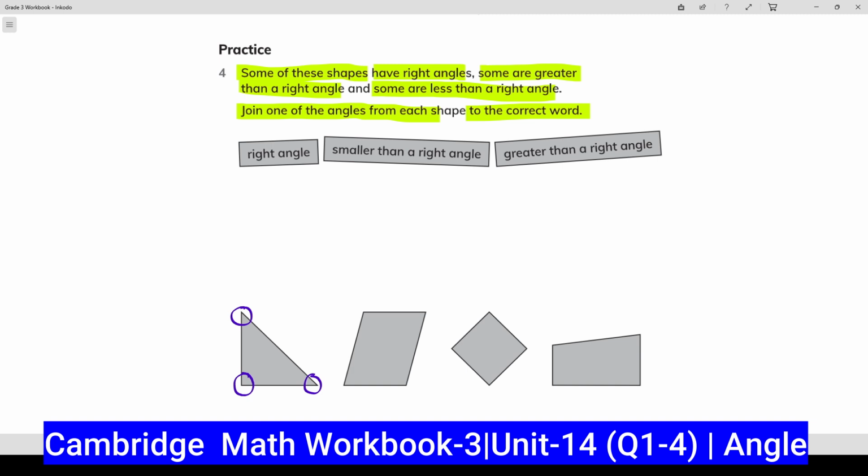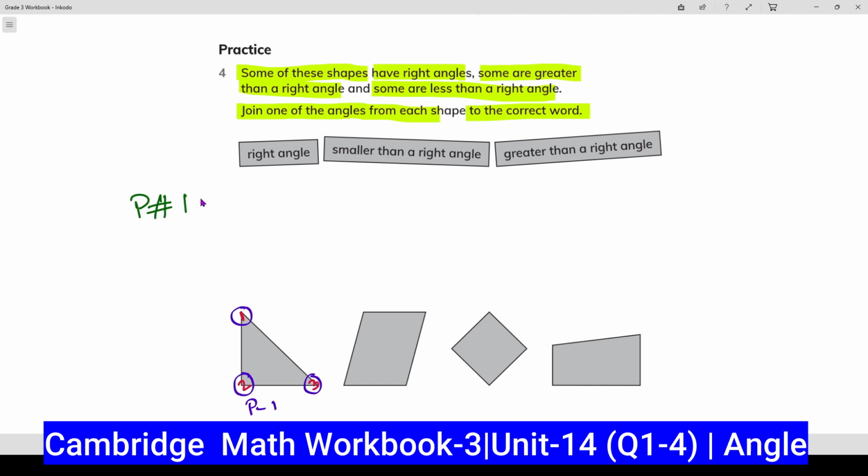So here we can mark like this is photo 1. Photo 1 has 3 sides, or we can say 3 angles. So if we mark like this one is 1, 2, 3.